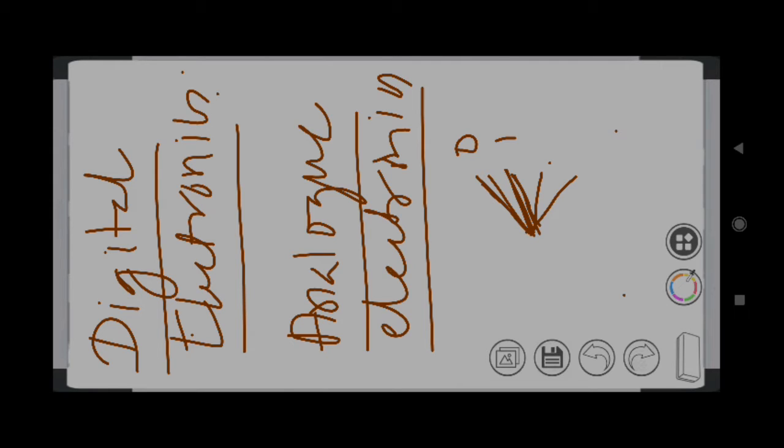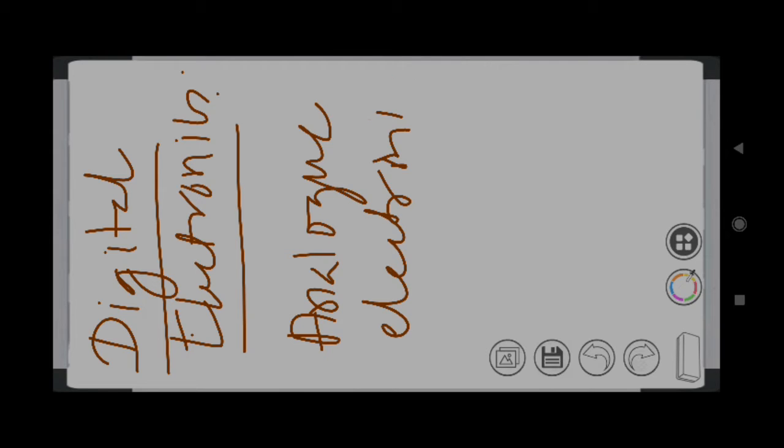See why these digital electronic circuits are so important. Because designing of these electronic circuits is very easy.